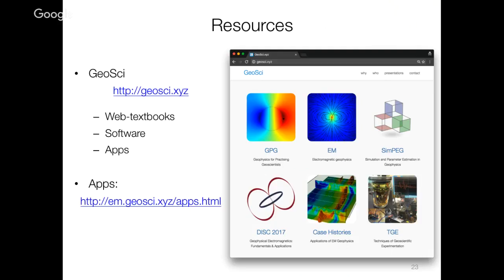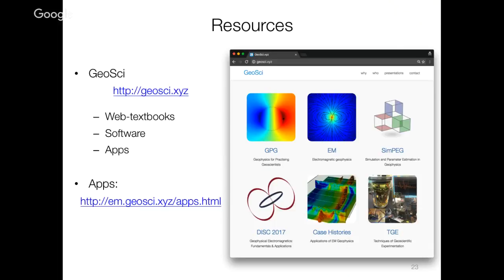So here are our resources. As I said, Lindsay's going to talk about each of these this afternoon, but here's our basic site. It's GeoSci.xyz. We've got GPG. That's Geophysics for Practicing Geoscientists. This is a site that we basically use as a text for our undergraduate work for our geological engineers, the geologists, and even the first-year geophysicists who don't know anything.